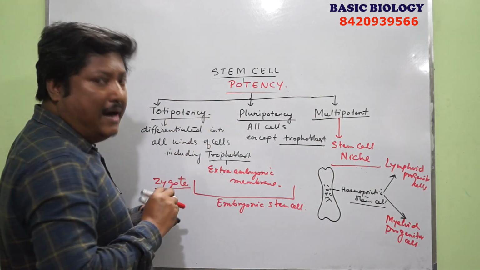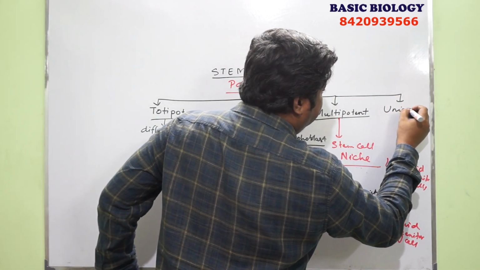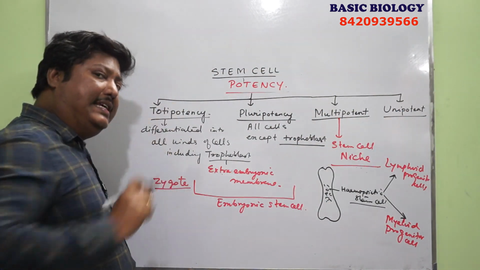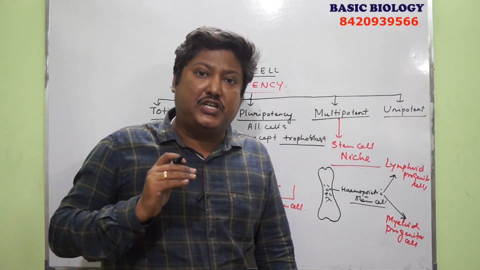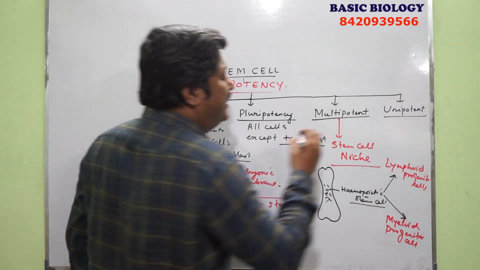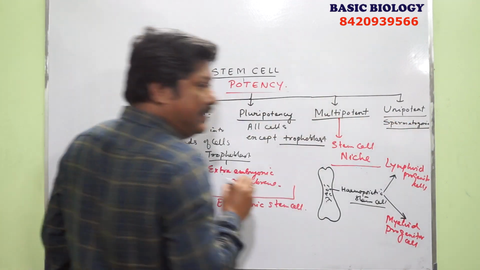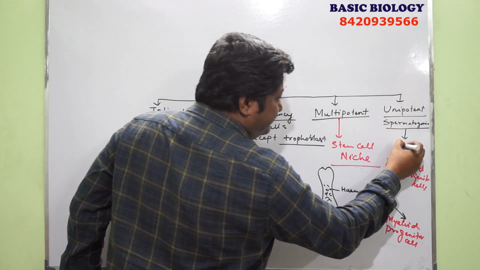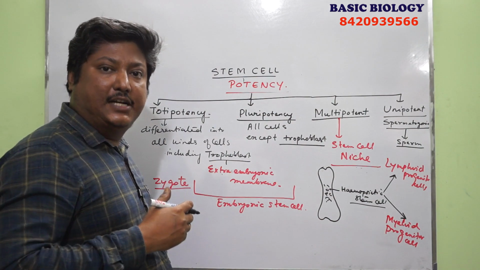Another one along with the multipotent is called the unipotent stem cell. In this type of stem cell, only one type of differentiation takes place. For example, spermatogonia is also a stem cell that differentiates into sperm. That means only one kind of differentiation takes place.